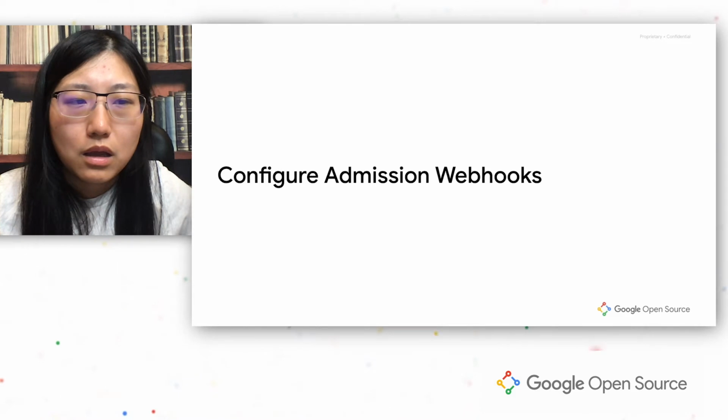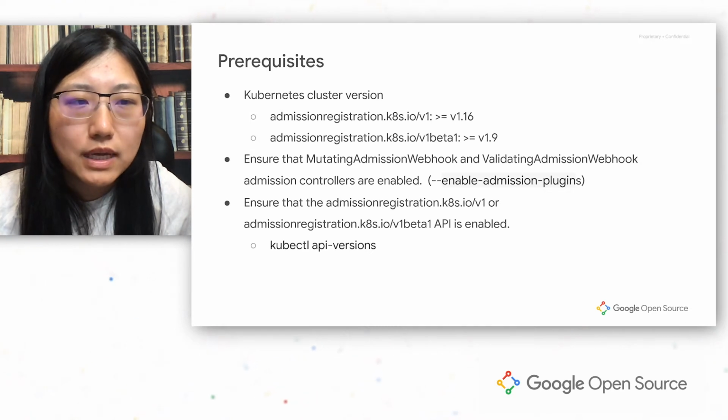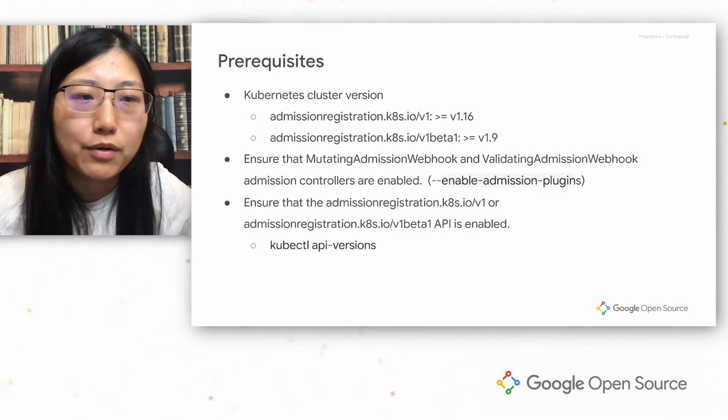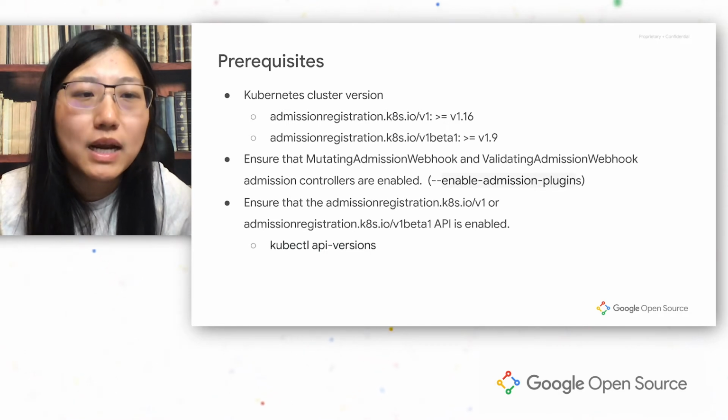Then, how can we configure our admission webhooks? Before we take a deep look at the configuration fields, there are some prerequisites we'd better keep in mind while using admission webhooks. First, we always have to check the Kubernetes cluster version.